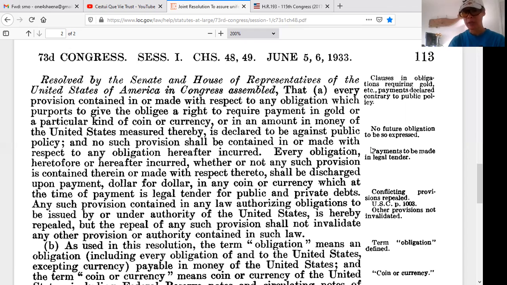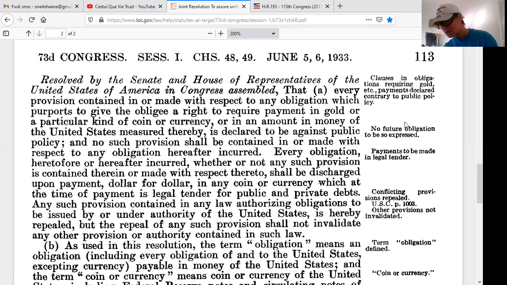Any such provision contained in any law authorizing obligations to be issued by and under authority of the United States is hereby repealed, but the repeal of any such provision shall not invalidate any other provision or authority contained in such law.